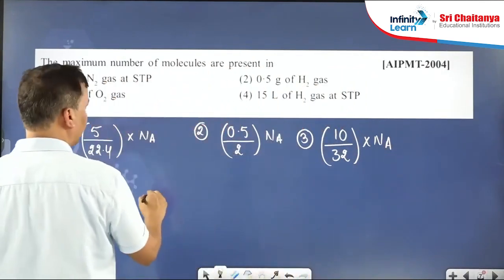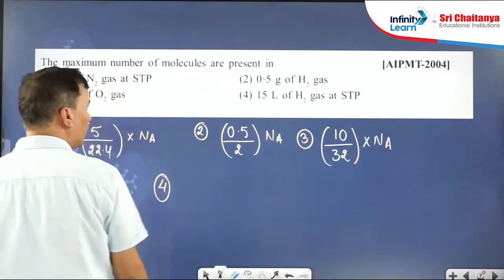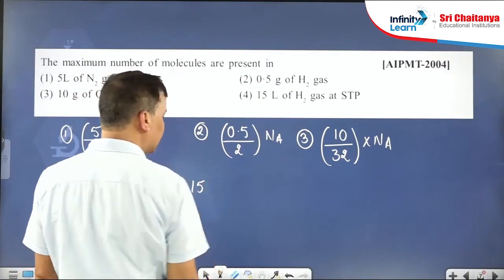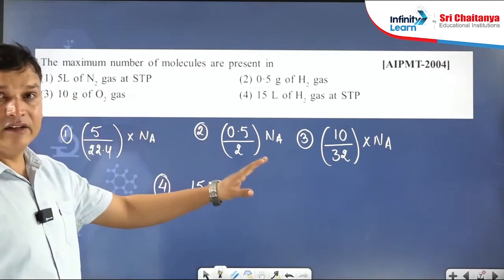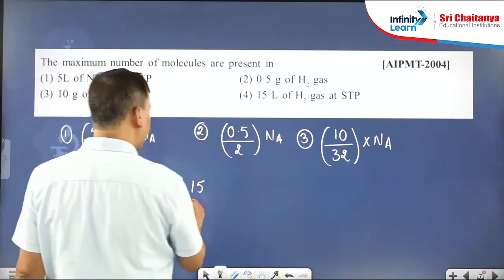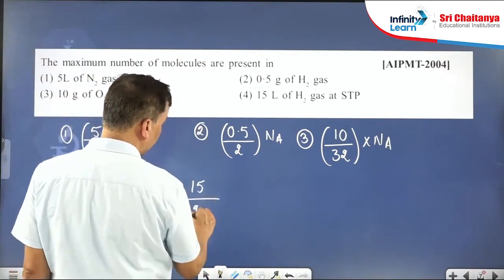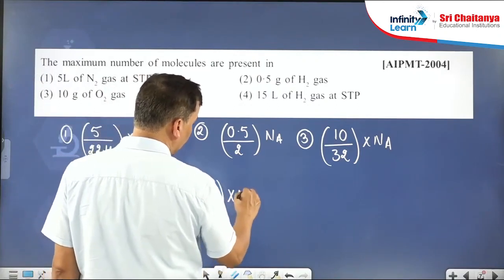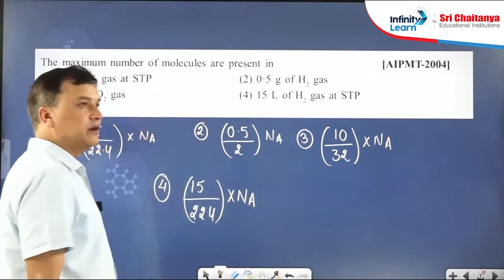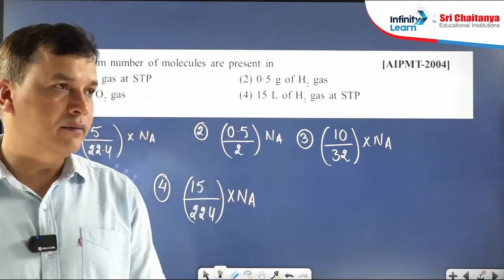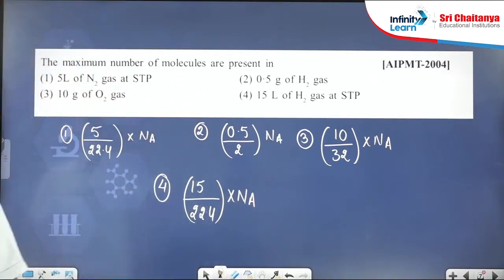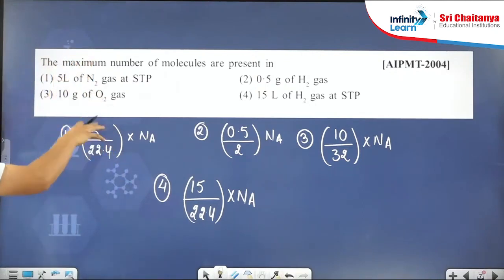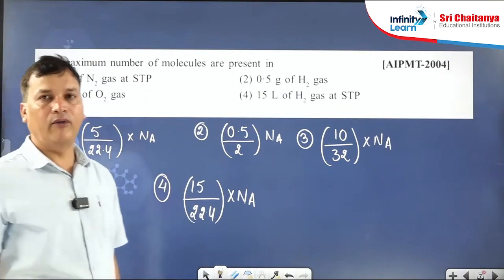Here I am writing the fourth option. What we have here is 15 liters. That is volume, and volume has to be divided by molar volume, that is 22.4, into Na. Is that clear? Let me explain once again. Whatever amount of substance is given to us, we convert it into the number of moles.